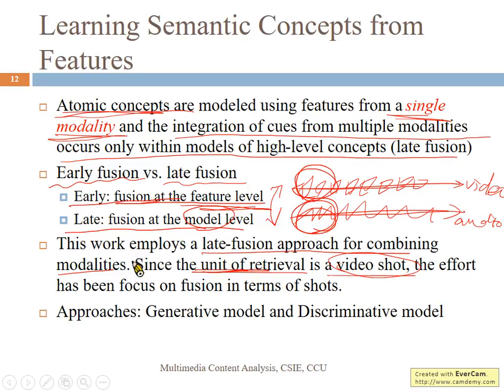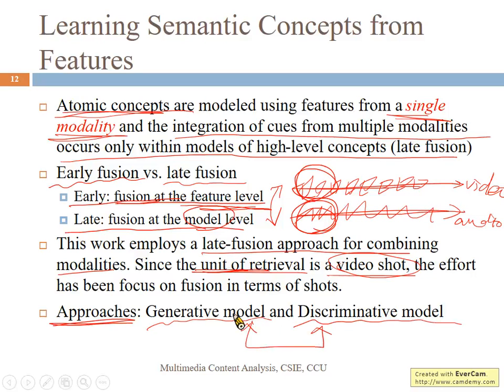And how do they model the high-level concepts? They consider two categories of machine learning technology. One is called the generative model, the other is the discriminative model. These two models were introduced when we talked about machine learning technology.